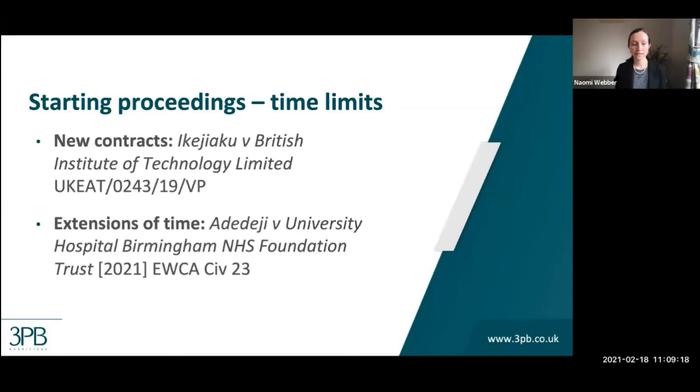This argument was rejected by the EAT. The EAT noted a difference between an act and a detriment. You can have a one-off act which creates a continuing detriment, but time runs from the date of an act. In the same vein, they noted there's a distinction between an act with continuing consequences and a continuing act or a continuing course of conduct.